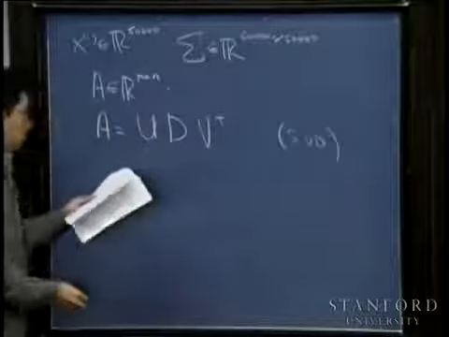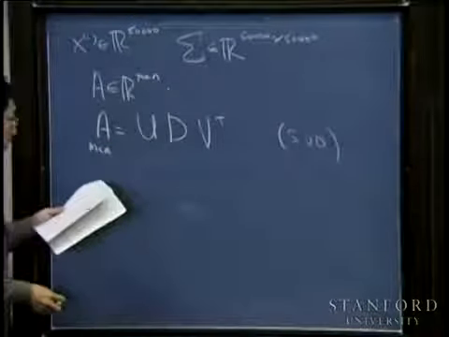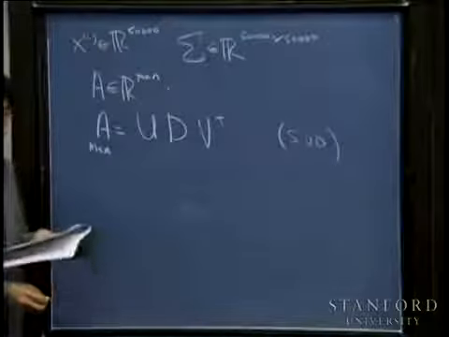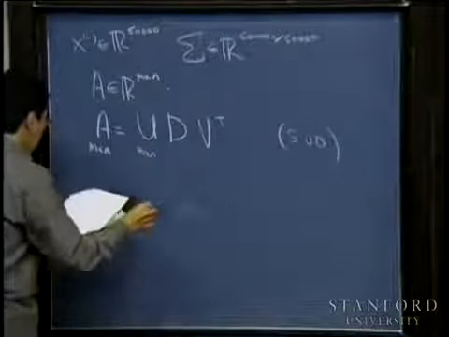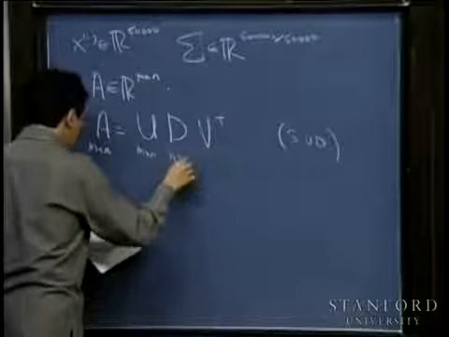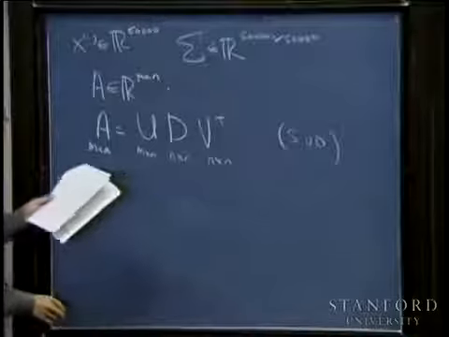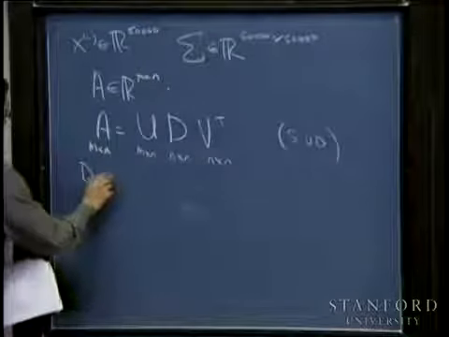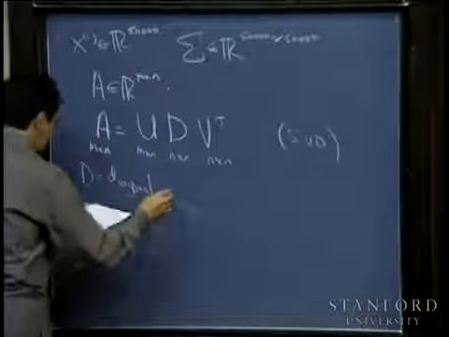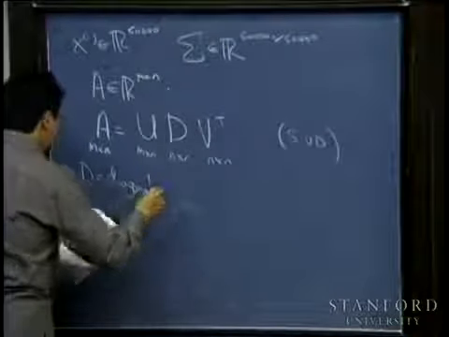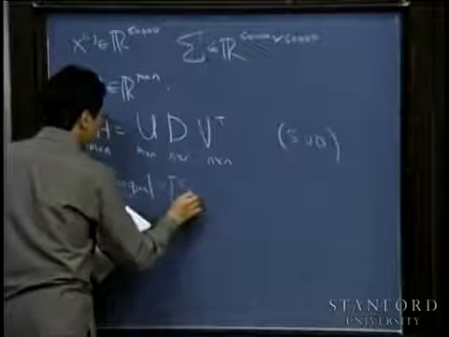And what that means is that the matrix A can always be decomposed into a product of three matrices, where U is m by m, D is a square matrix which is m by n, and V is n by n. And D is going to be diagonal.